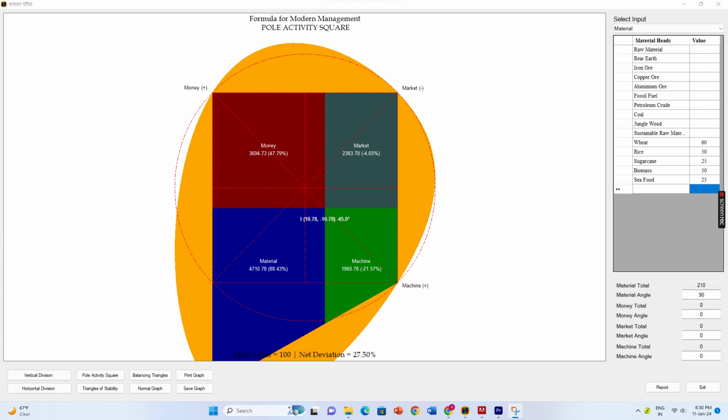I hope the economathematics or management mathematics is all part of Sanatan Ganit as well. All the concepts used have a similar platform.